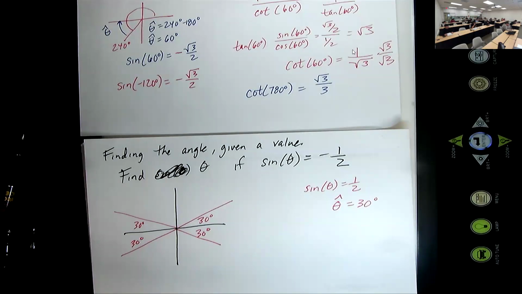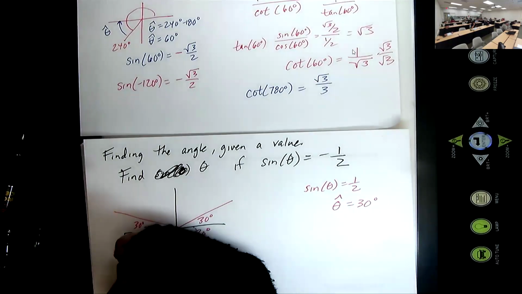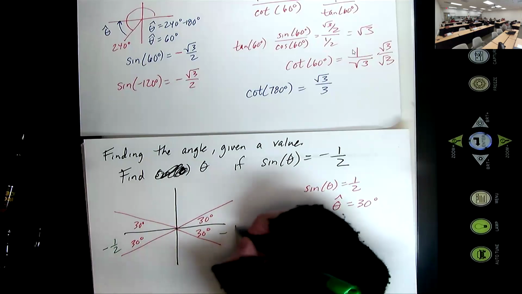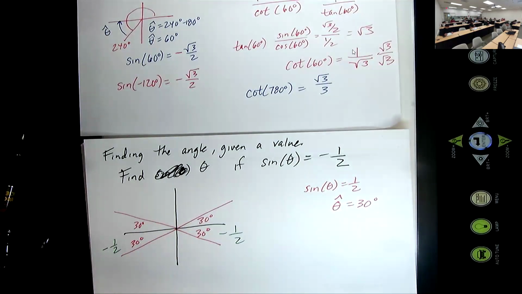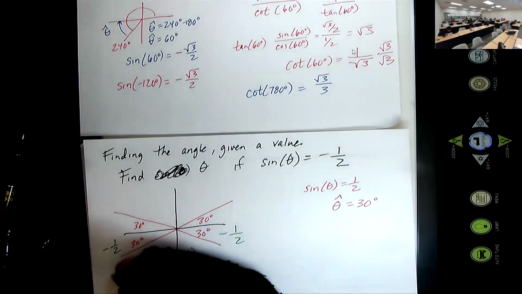Where is sine negative? 3 and 4. So sine of 30 is down. This would give us a -1/2 for sine down here, and this would give us a -1/2 for sine down here. So if I want to find this angle, I've got to do 180 plus the 30.